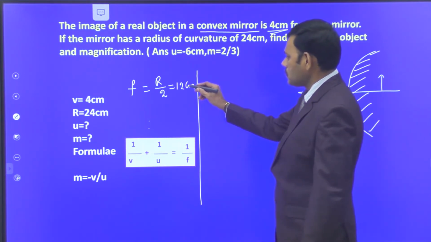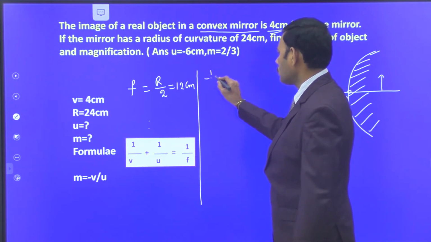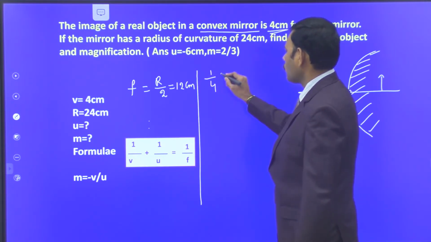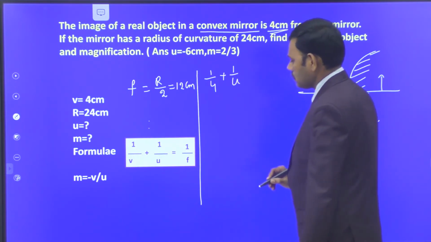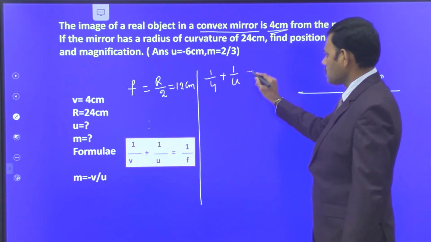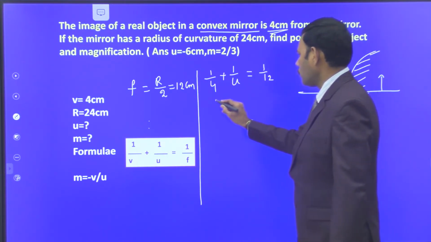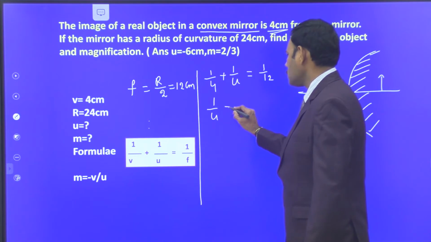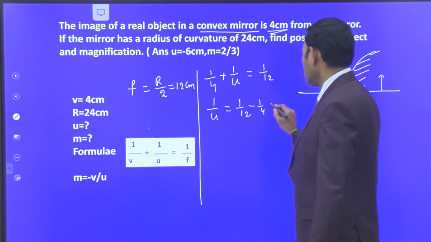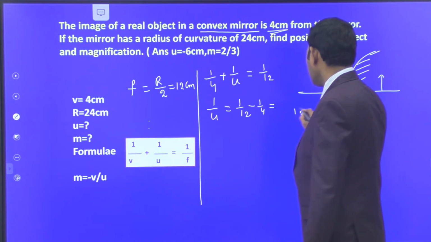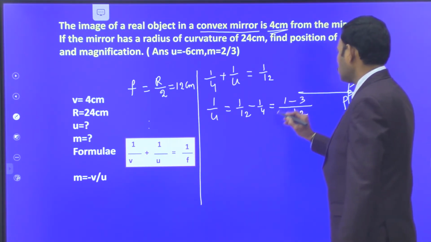Let us substitute these values in the mirror equation. So 1 by 4 plus 1 by u is equal to 1 by 12. Therefore 1 by u is equal to 1 by 12 minus 1 by 4. Here the LCM is 12: 12 one time, 4 three times.